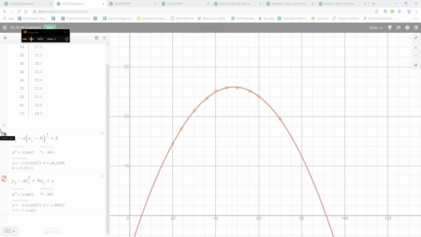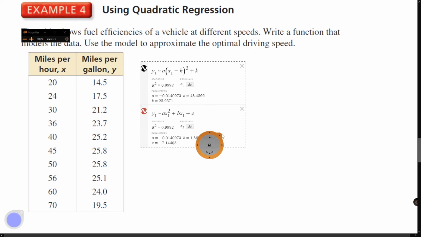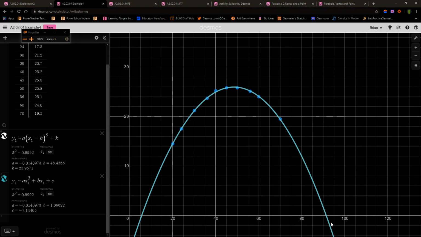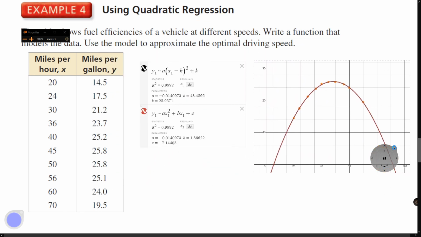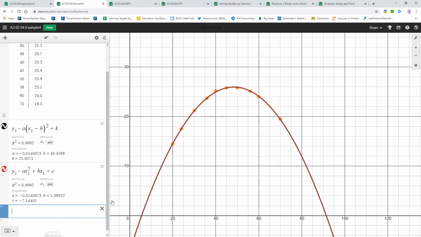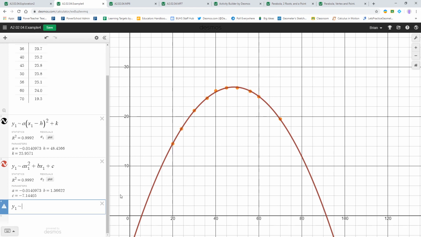Tell you what, I'm going to screenshot this like so. And so theoretically, I could have even used intercepts form. Let's see if I could find the best fit equation using that. y1 is approximately a times parentheses x minus p times x minus q.